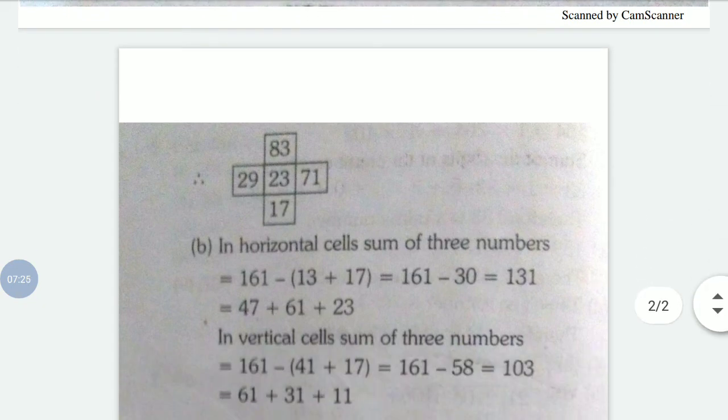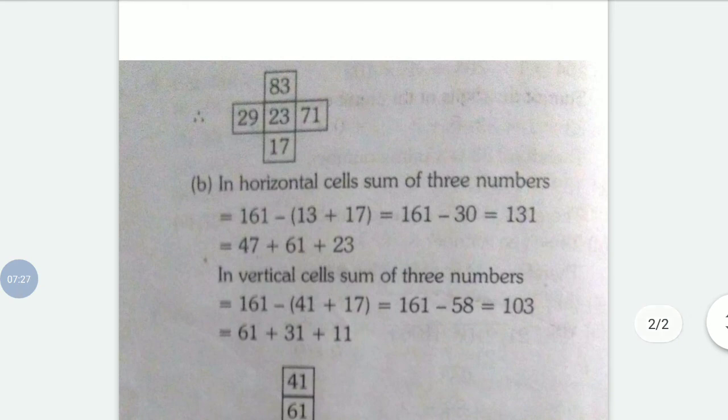So in B, in the horizontal cells, the sum of three numbers should be 161. So how are we going to do it? 161, and they have given the numbers 13 and 17.